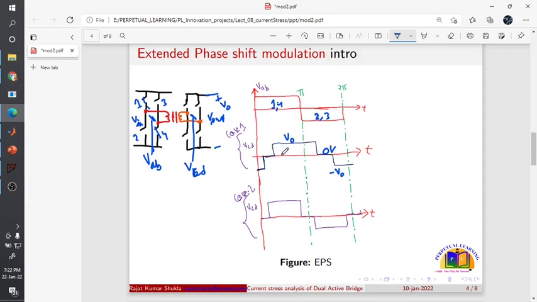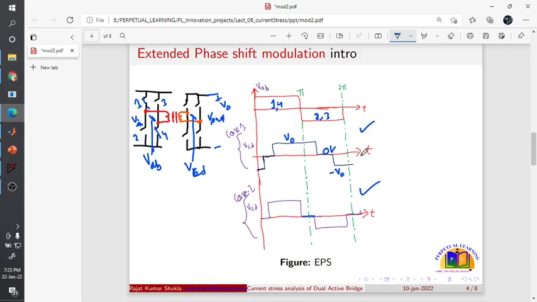So here two modes of operation are possible: when the 0 volt lies after this spike, or when the 0 volt lies along with, I mean during, this spike. So only these two modes of operation are possible. Which mode you have to select, this case 1 or this case 2, which type of modulation you have to select, this is one of the important questions.